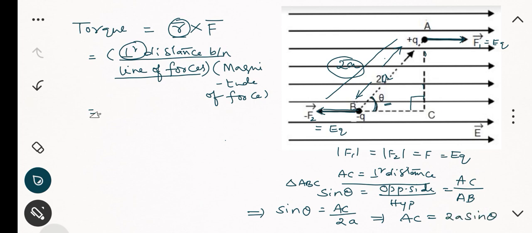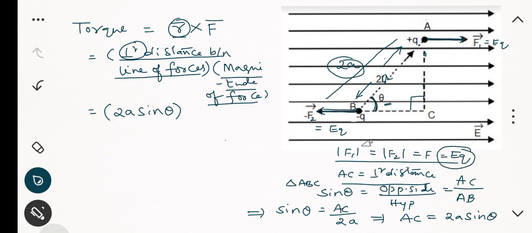Now, we have obtained the perpendicular distance as 2a into sin theta, and we have to substitute the magnitude of force. The magnitude of force we have already written as F equal to EQ.